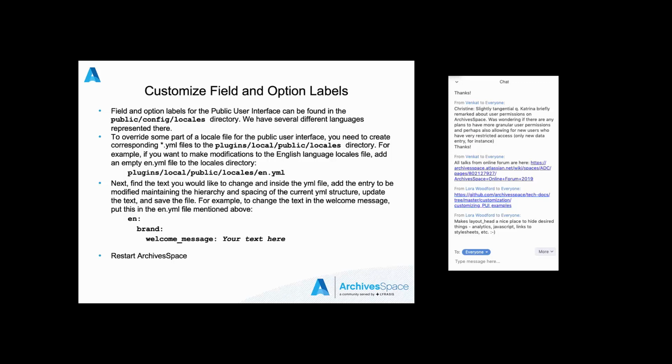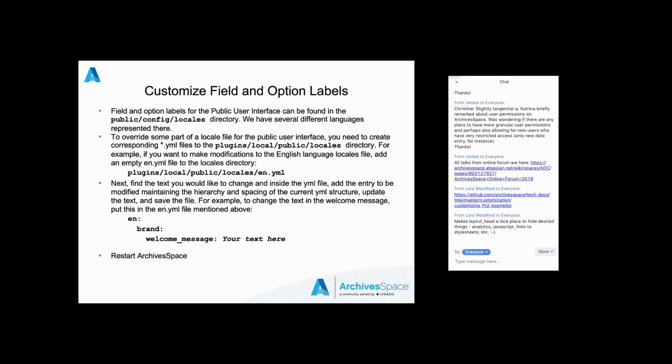So, for example, I was going to change the welcome message that comes on the main screen for the PUI, and in the en YAML file in the core code base, I found that that was in the welcome message label. So because I was changing the English version, you start the file with en:, and then the next line was a level of hierarchy that was above the welcome message, and that's the brand.